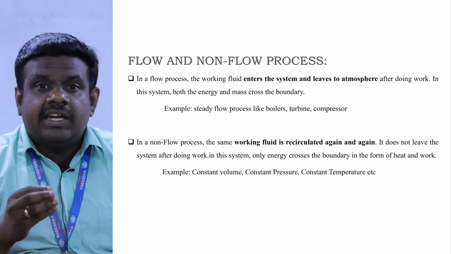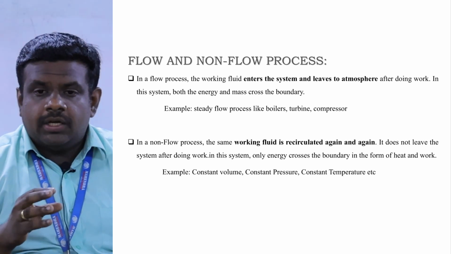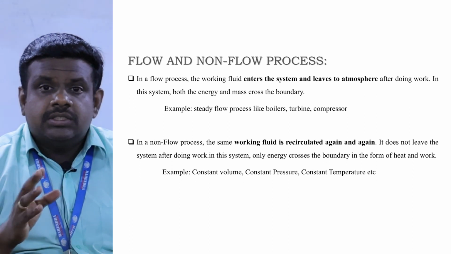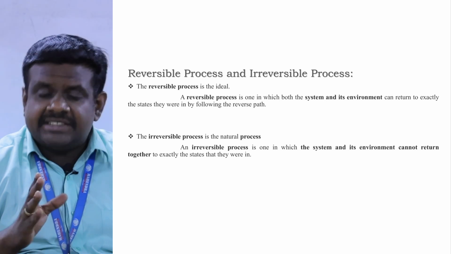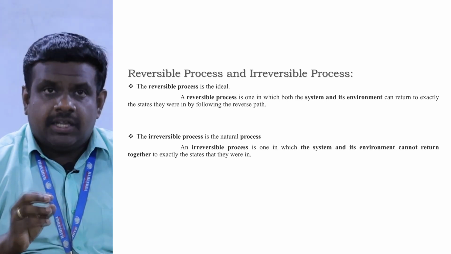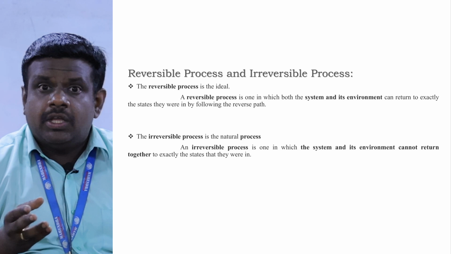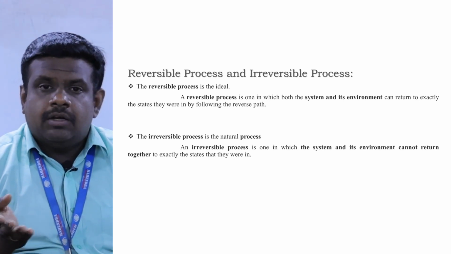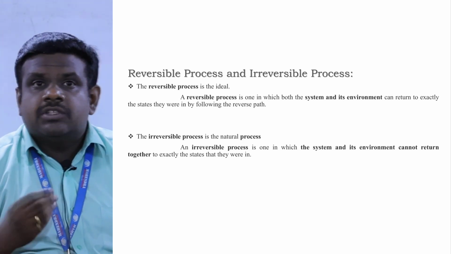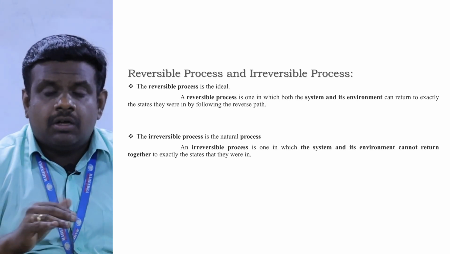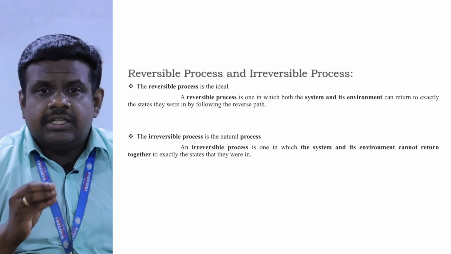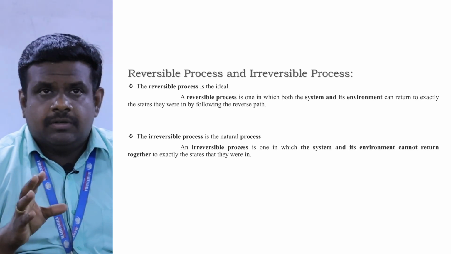The third process is the reversible process, in which both the system and its surroundings can return to exactly the same state that they were in by following the reverse path. Vice versa, the irreversible process is the one in which the system and its surroundings cannot return to exactly the state that they were in.